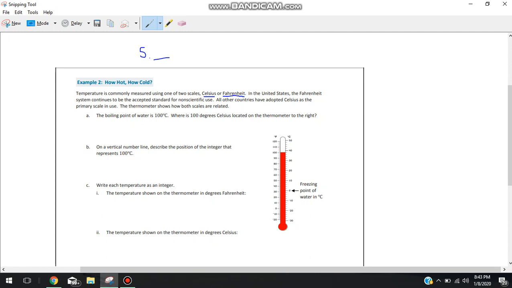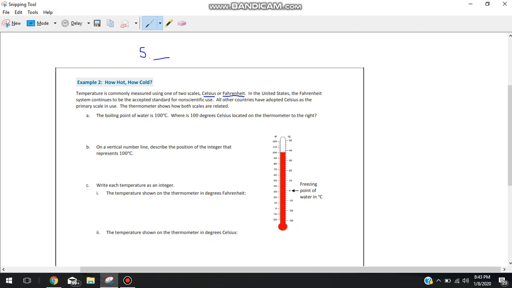So in other countries around the world, you're going to see Celsius more often. So it's very important that you understand how much is 60 degrees Fahrenheit in Celsius, or if you're talking about Celsius, how much is that in Fahrenheit? Being able to switch between the two is really important.